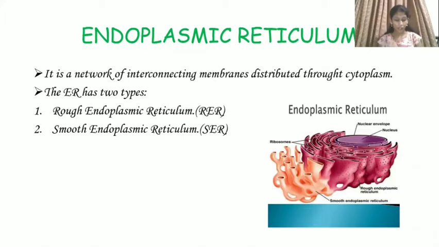The endoplasmic reticulum membrane is similar in structure to the plasma membrane. The endoplasmic reticulum is of two types: rough endoplasmic reticulum, which is RER, and smooth endoplasmic reticulum, which is SER.